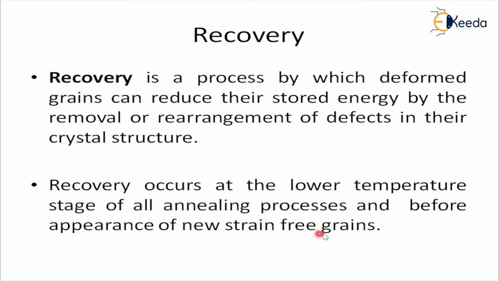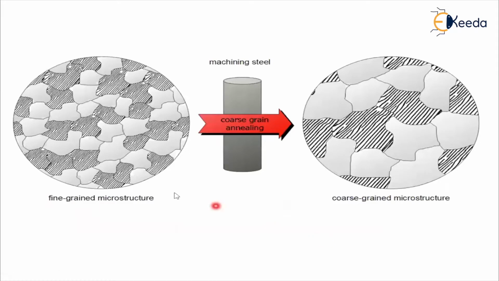So that means this sentence clearly shows that whatever grains are formed due to this recovery are not strain-free grains. You can observe the image here. This is how the recovered structure appears. This is the fine grained microstructure. It is converted to a coarse grained microstructure after the recovery process is completed.